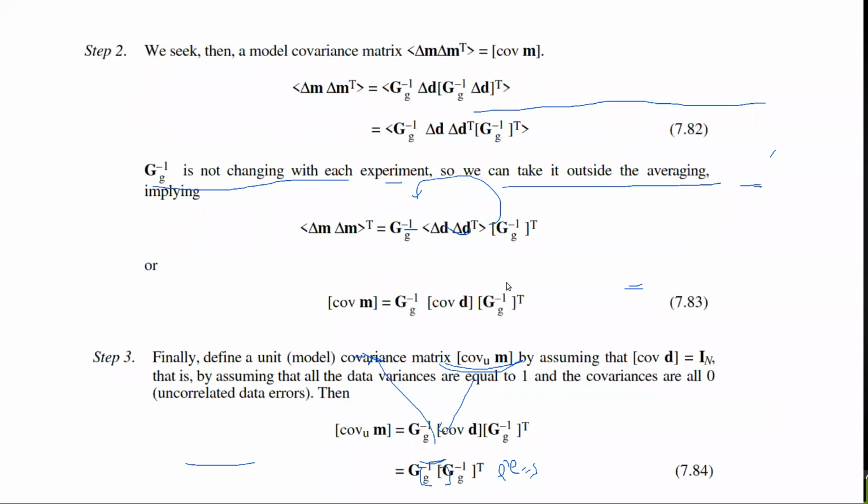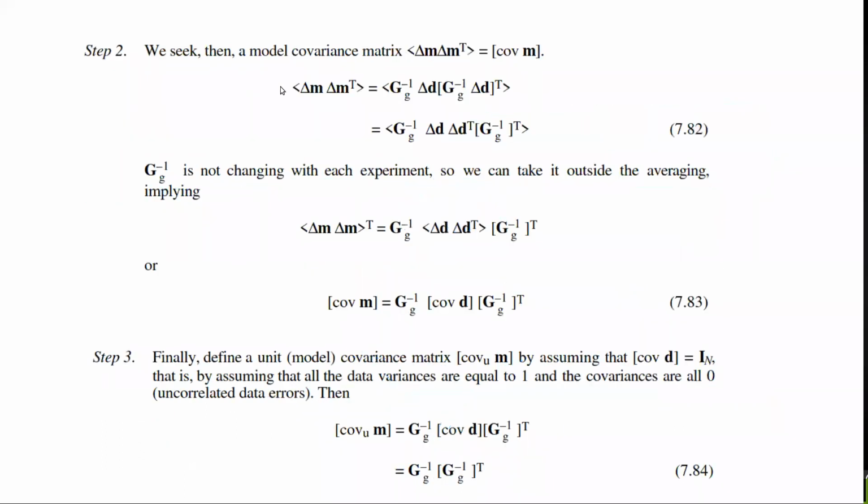data covariance matrix. And so in this case, we now seek a model covariance matrix, which is also given by delta M transpose, which is a matrix, okay, which we call the cov M, such that we know the D's are being mapped to by the G inverse. So here, let's look at this carefully. So delta G and delta G transpose.